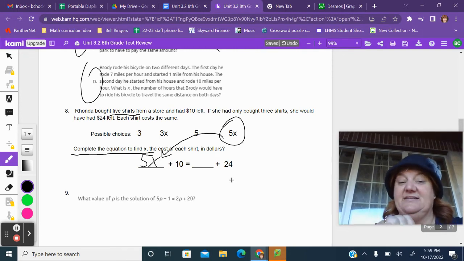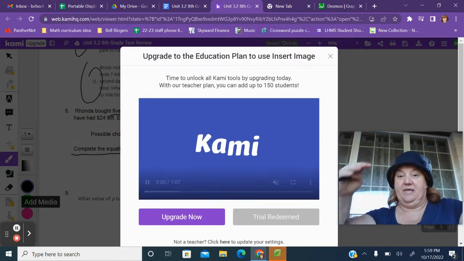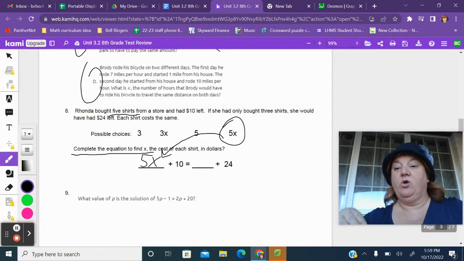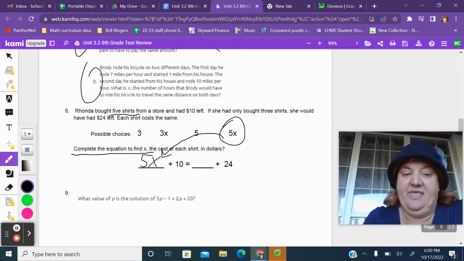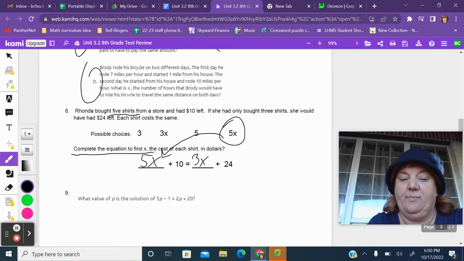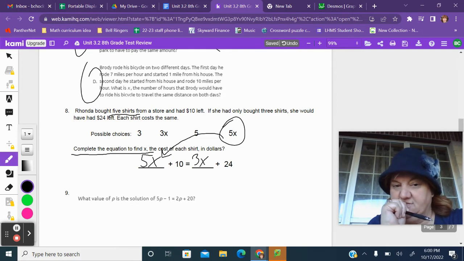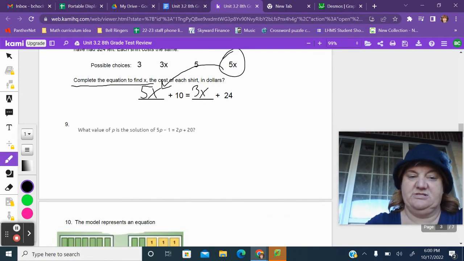If you're not writing this down, this is exactly how it's going to be on the test, where you're going to be pulling down the right answers. And then over here, she bought 3 shirts. We don't know how much the shirts cost, and had $24 left. So there you go. That's going to help you find out the cost of the shirts.